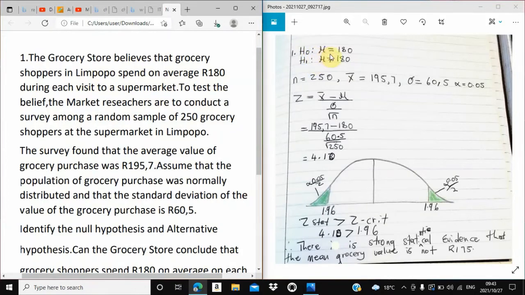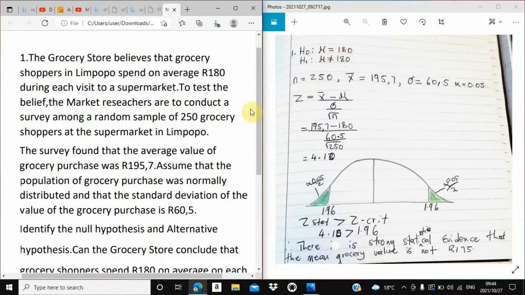The null hypothesis is always about the parameters of the population, not the statistics of the sample. That means our alternative is that mu is not equal to 108.